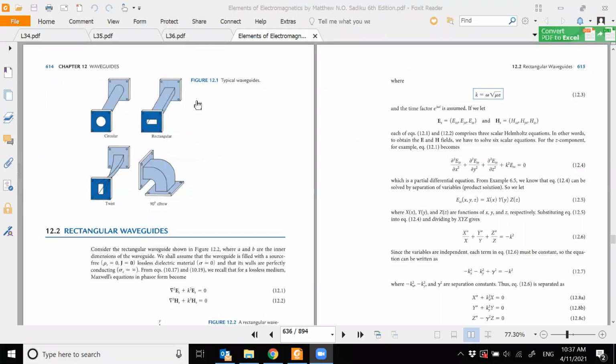Wherever you are using the horn antenna. You used it to check the polarization in experiment number 8, so your horn antenna was connected to the rectangular waveguide. And since you use the horn antenna even in experiment number 9, there also you use the rectangular waveguide.